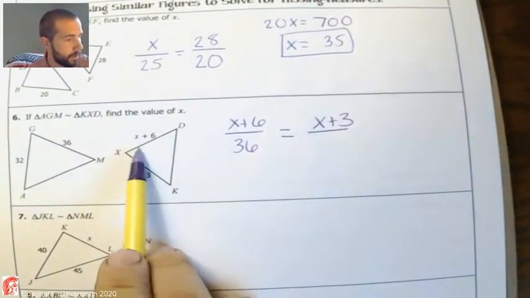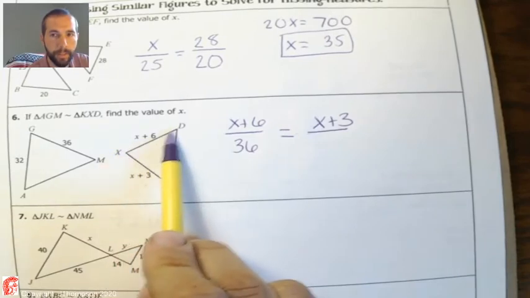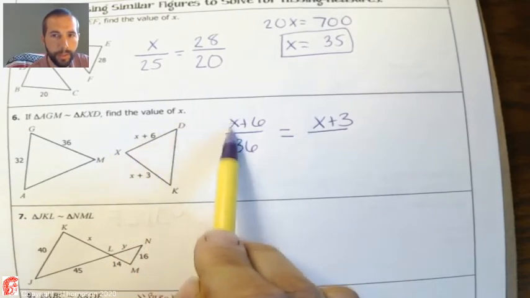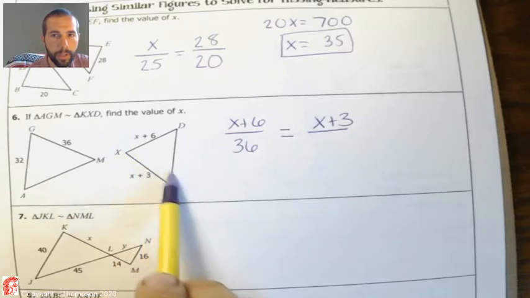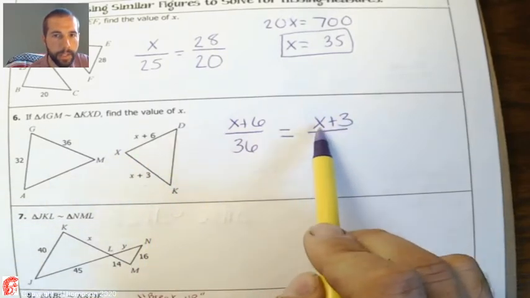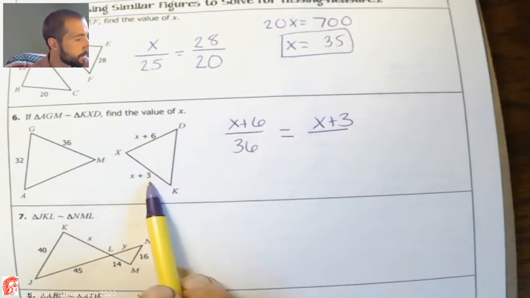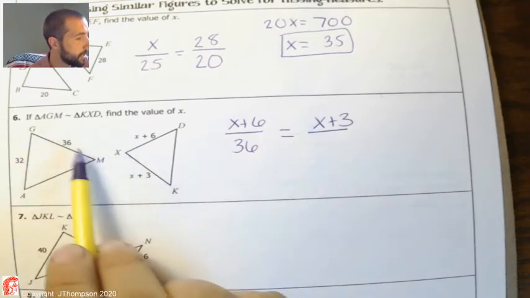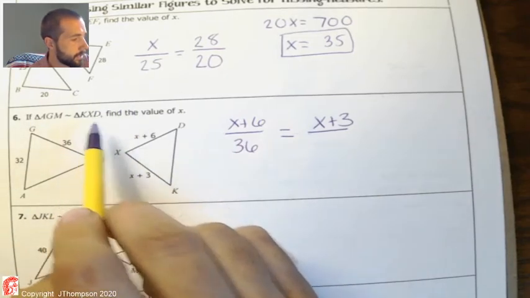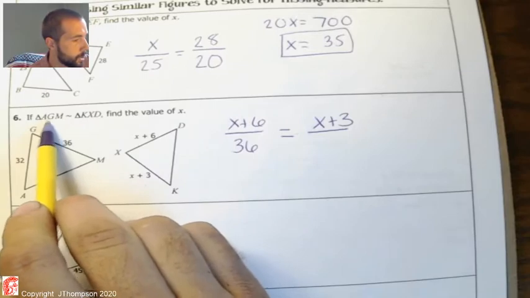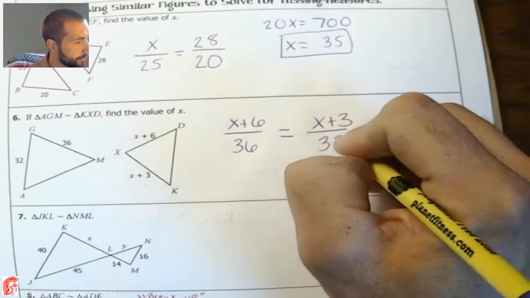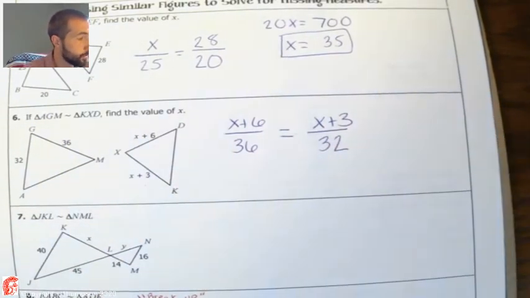Again, if I put a side from the triangle on the right on the top for the first ratio, I have to do this side on the top for the second ratio. So x plus 3 is XK, which corresponds with GA. So that's 32.